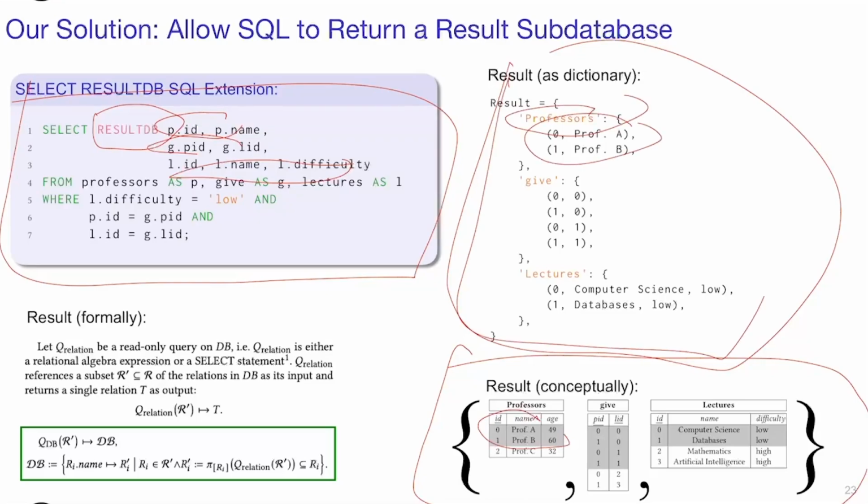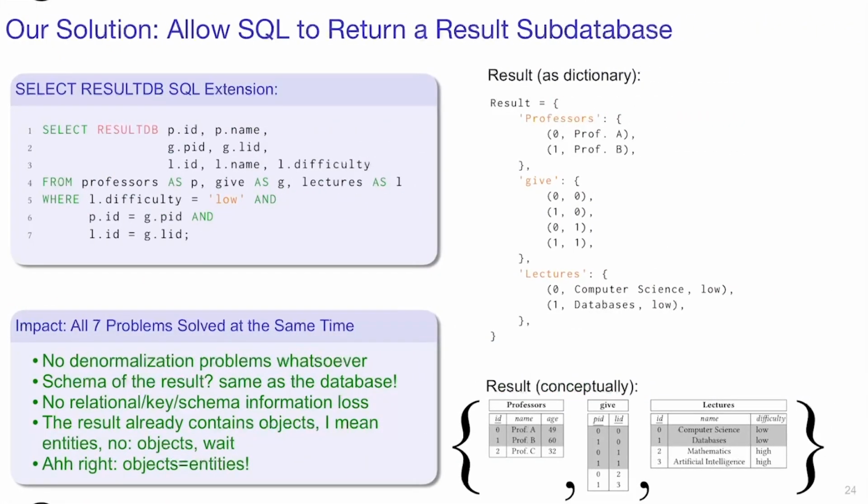So that is a subdatabase. That's a subset of the relations of the underlying database, and for each relation, a subset of the tuples that participate in that join. That's how we define this join result.